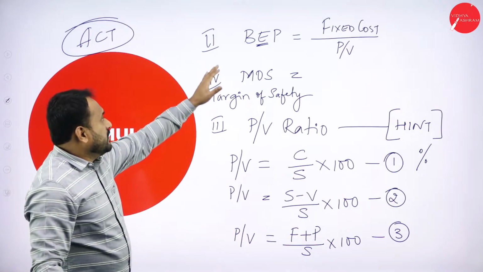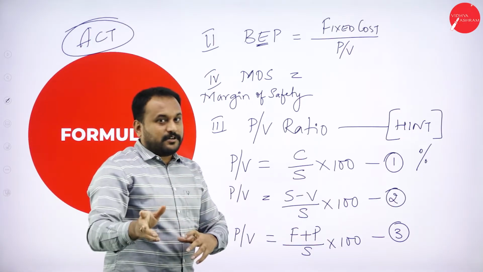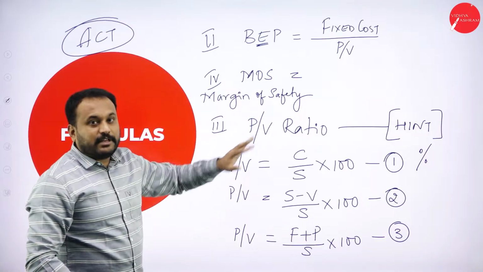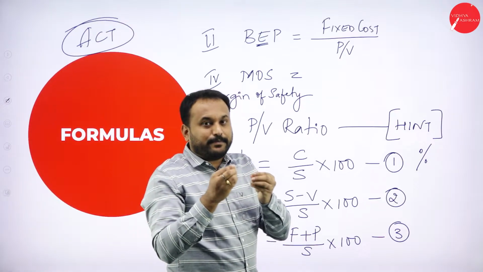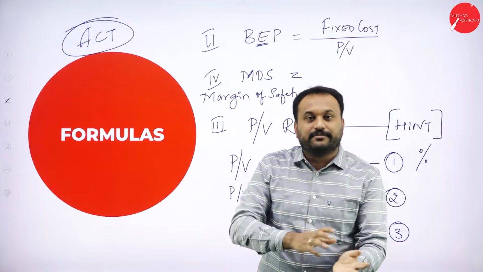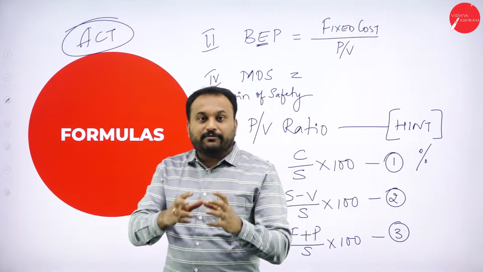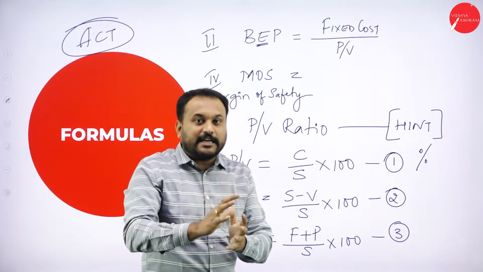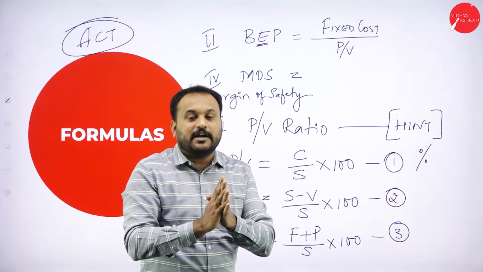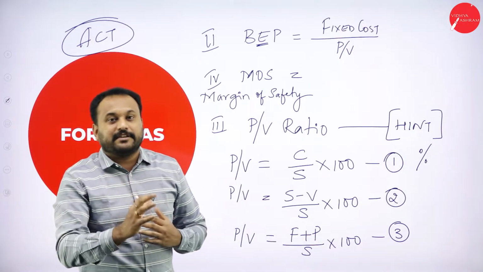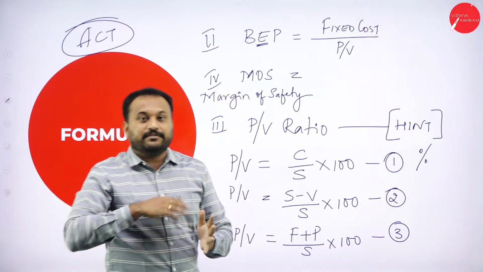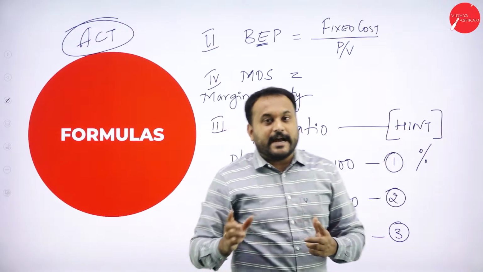Understand: BEP is neither loss nor profit. But margin of safety means I should at least make some profit so that I can survive the next year. That profit which I need is called my margin of safety, where I can survive even if next year I don't have any sales.